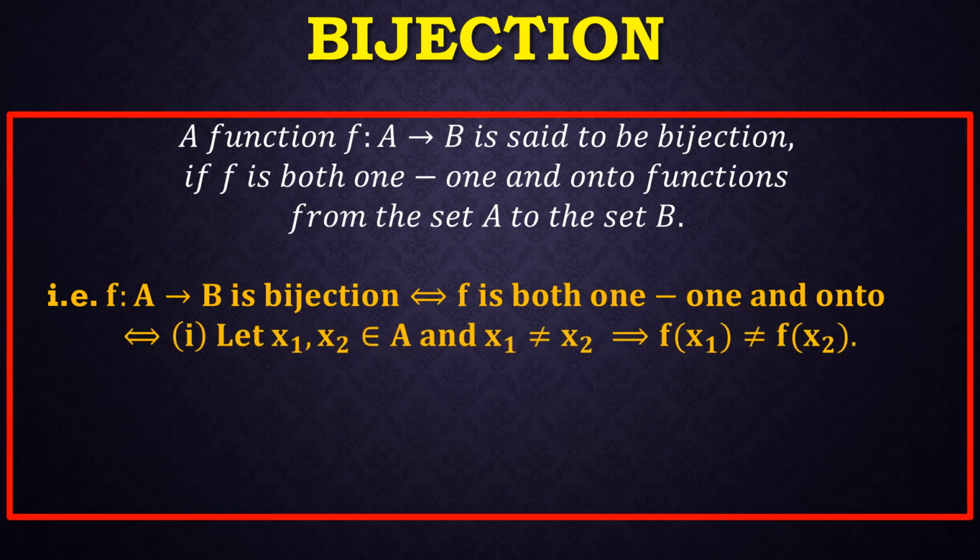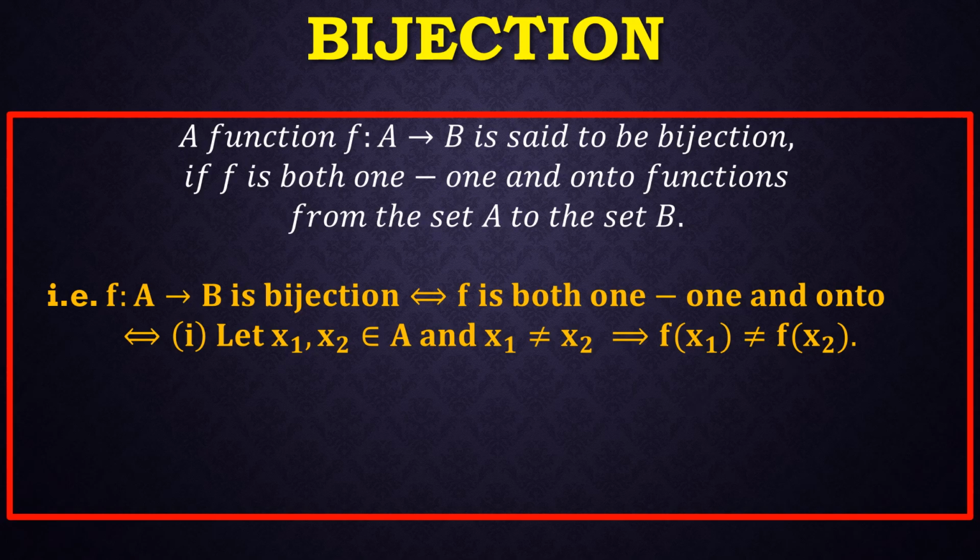That is, the first condition is, let x1, x2 belong to A and x1 is not equal to x2. Here we take distinct elements. Then there exist different images in the codomain set, that is f of x1 is not equal to f of x2. Here x1 is not equal to x2 implies f of x1 not equal to f of x2.